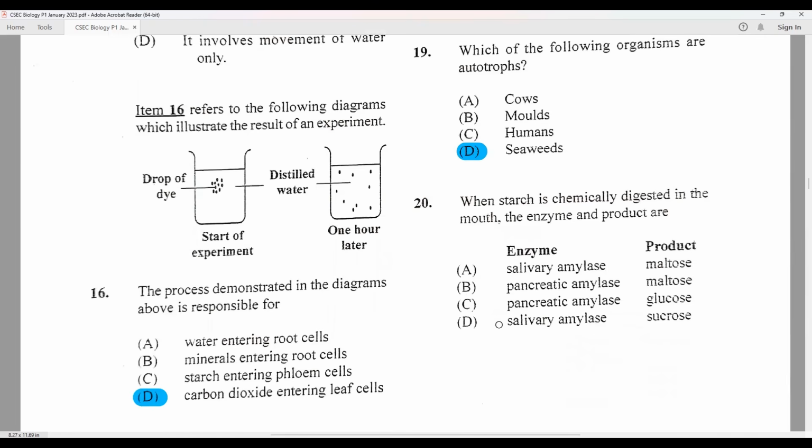When starch is chemically digested in the mouth, the enzyme and products are: starch is broken down by salivary amylase, which is secreted by the salivary glands. So the enzyme is salivary amylase, and they told you the product of starch is broken down into maltose. So A is the answer.